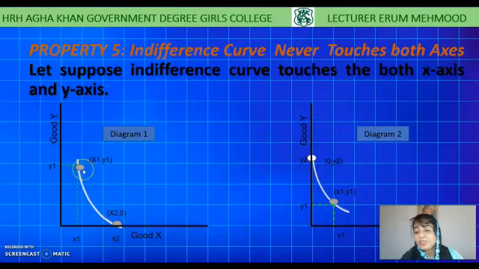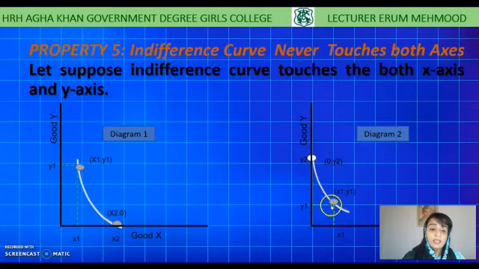At this point, the consumer takes utility from both goods X and Y. If the indifference curve intersects the x-axis, the consumer enjoys only utility from good X because he is not taking any unit of good Y. It is against the definition of the indifference curve.